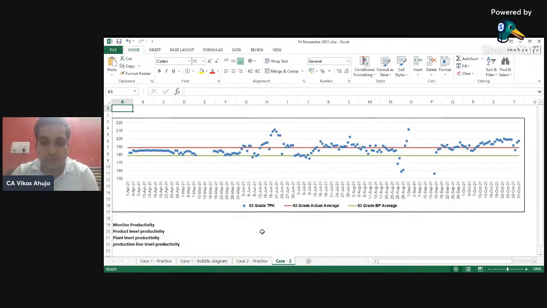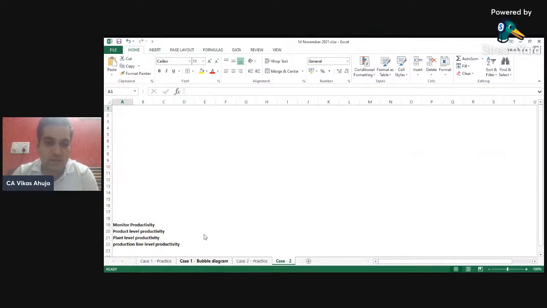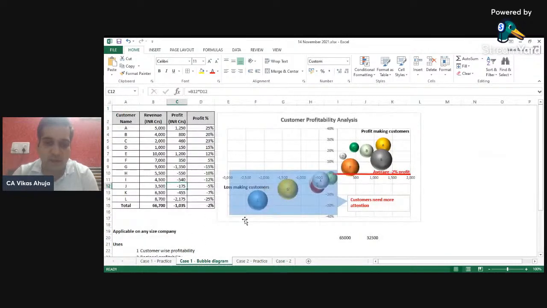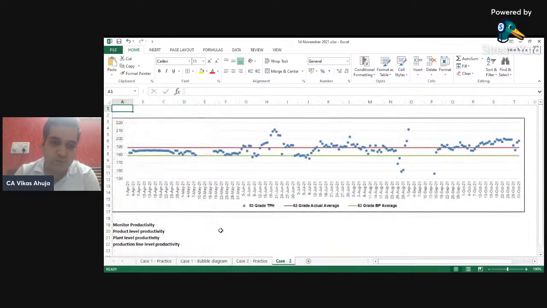So I think in the last session, what we discussed was this bubble diagram, which I'm sure my friends would have loved. And this time I am planning to show something of this sort. I'll explain what it is.